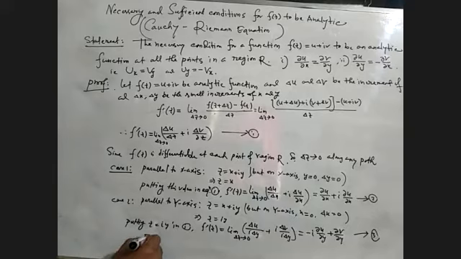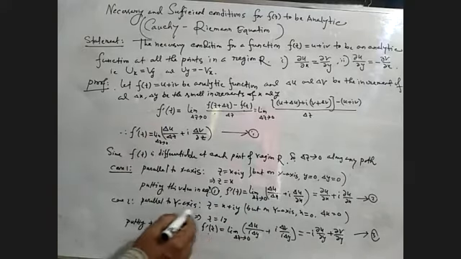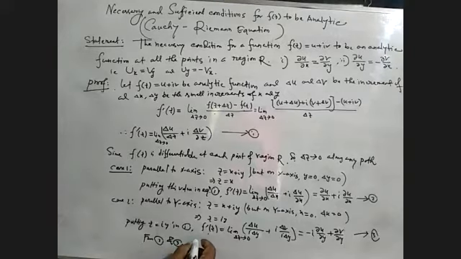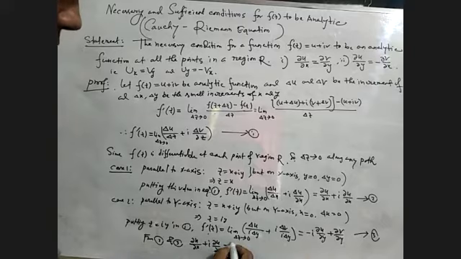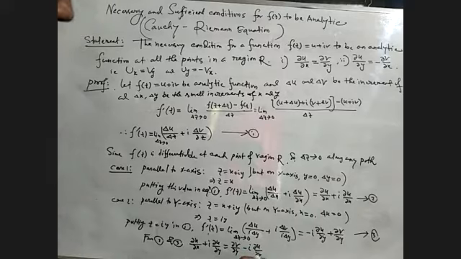From equations 2 and 3, we can write these are equal, the same derivatives, because it is differentiable at each point. So we can write del u by del x plus i del v by del x equals del v by del y minus i del u by del y.